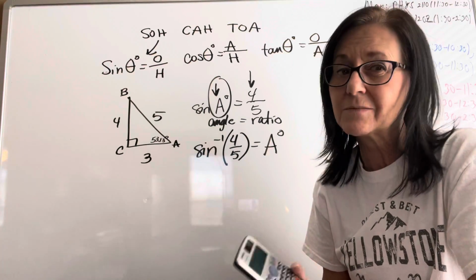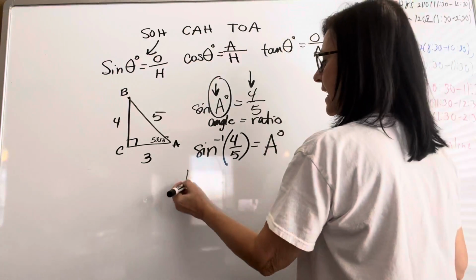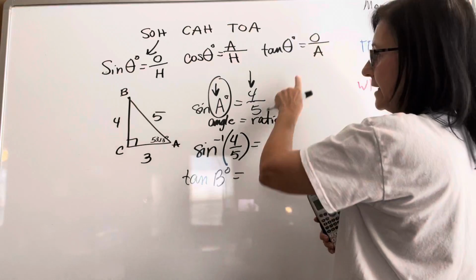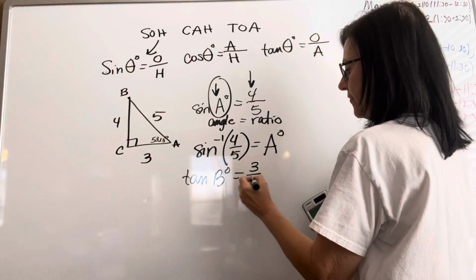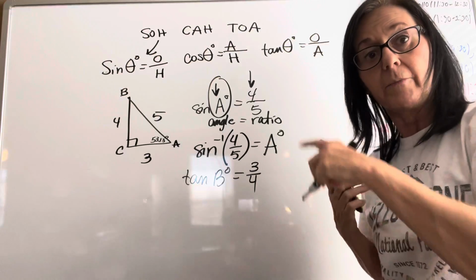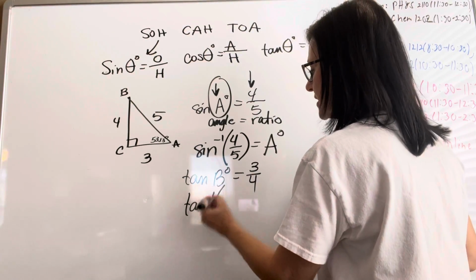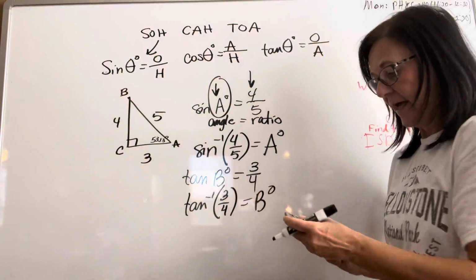Now let's solve for angle B, because the sum of A and B should be 90. We might be a decimal off or so, but let's look at the tan of B. The tan is opposite over adjacent, so it's 3 over 4. If I'm solving for that angle, I'm going to use the inverse operation. So I'm going to do inverse tan of the ratio, which is going to give us that angle.